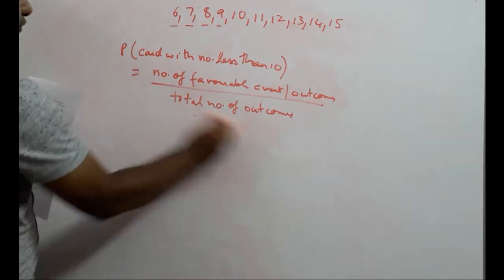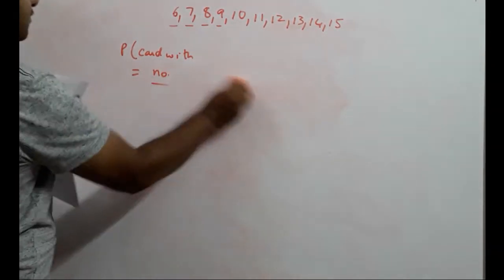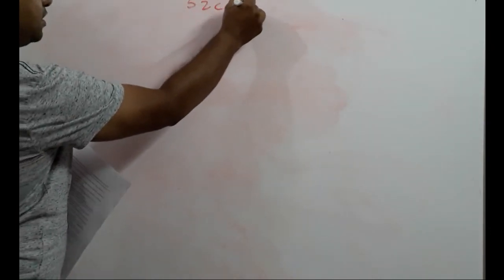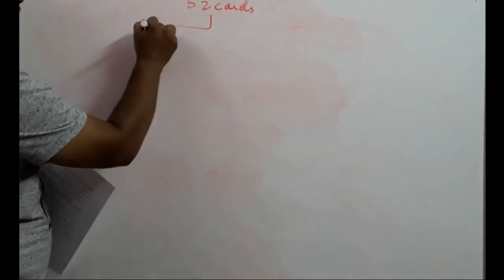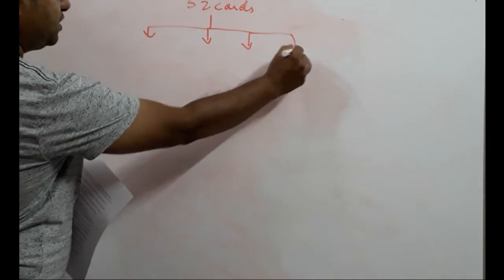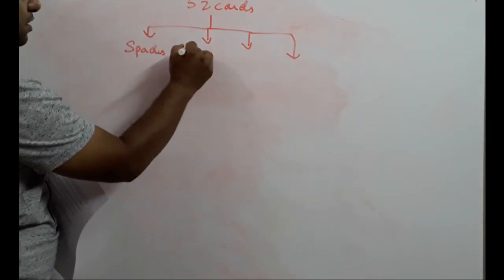Okay. So if you have understood this, we can move to the next question, which says a card is drawn at random from a well shuffled deck of 52 cards. So there are 52 cards, and there are 4 different types of cards. Which are they?